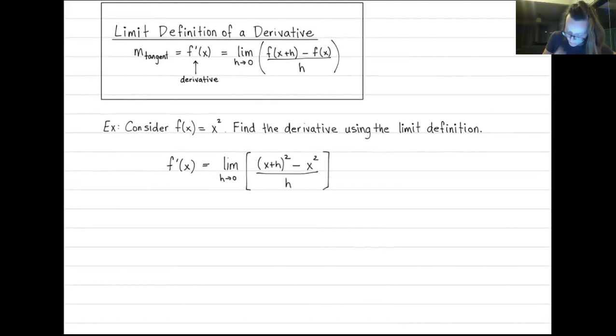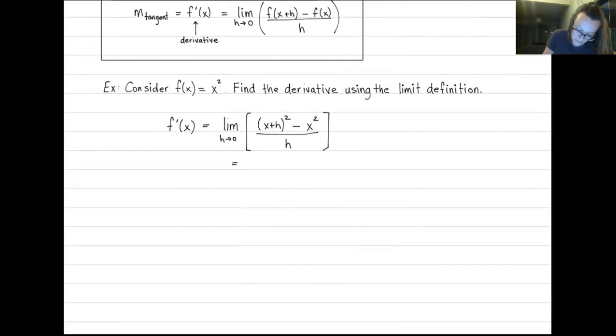I'm just plugging in what the function is. Then from there, I'm going to FOIL out the top just like I did before. So x squared plus 2xh plus h squared. Maybe that might take you a little bit longer than me.